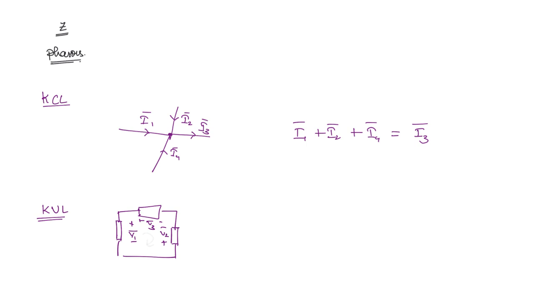If you start from V1 bar, first the negative polarity is coming, so minus V1 bar plus V3 bar is going to be positive, minus V2 bar, equal to 0. So we have applied the KVL for this loop. You can see that this is just like normal KCL and KVL, just that we are using the phasor form. Nothing else is different.